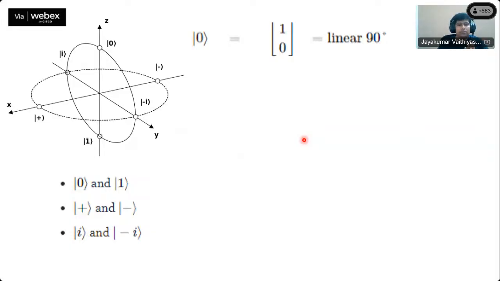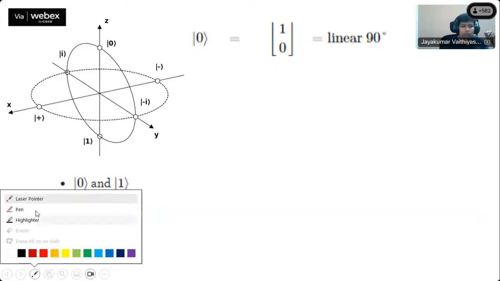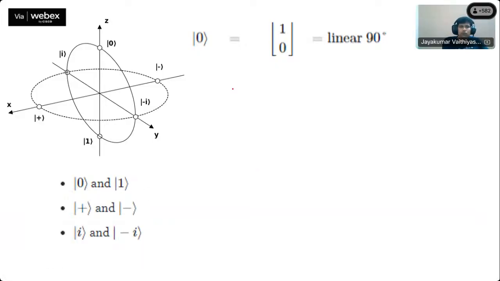Now look here. State 0 exists at the north pole, in the upper part of your Bloch sphere. That is why the upper component becomes 1. This is the matrix form of state 0. If you are new to this terminology, note it down: this is ket 0.